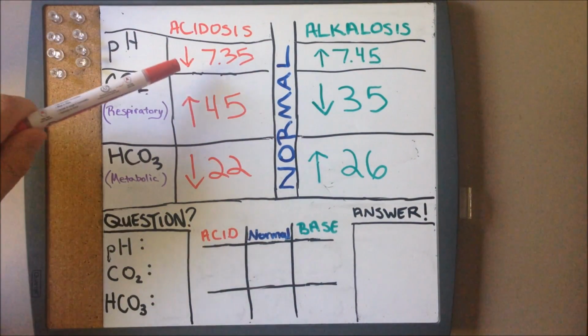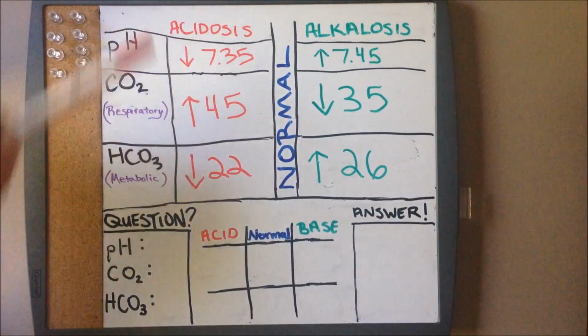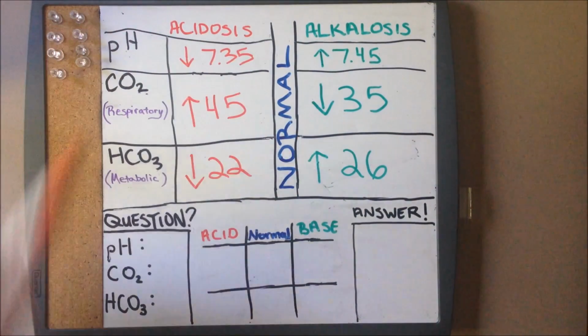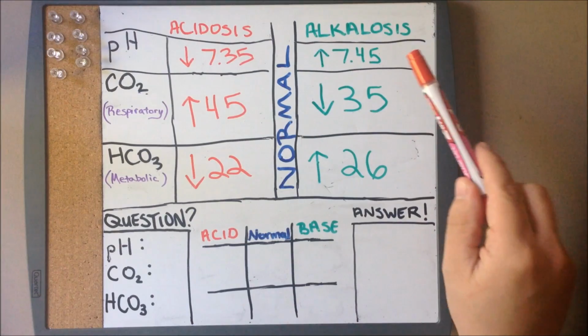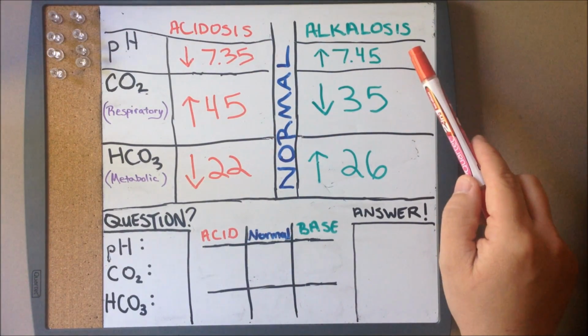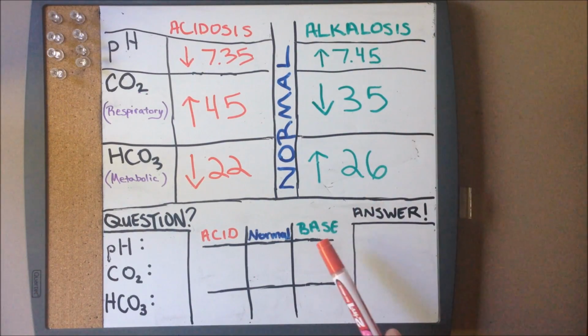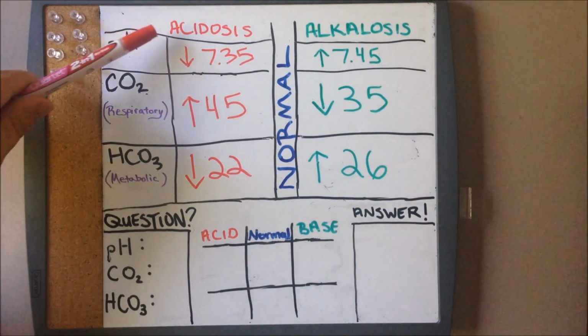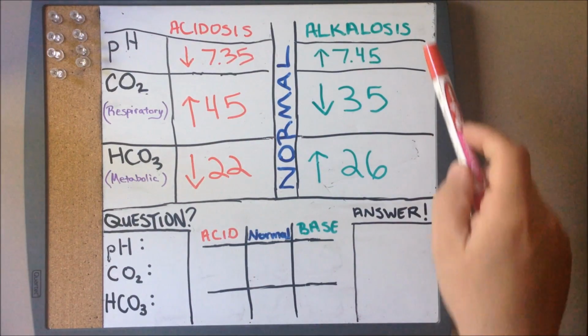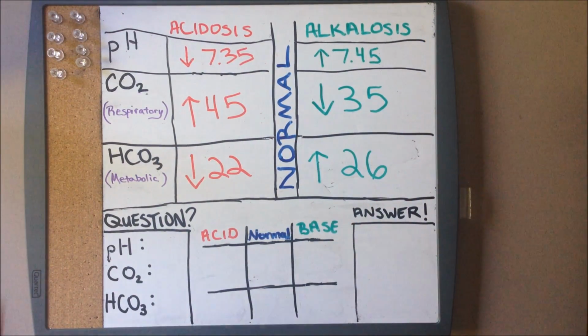Anything below 7.35 is considered acidotic or acidosis. Anything above 7.45 for pH is considered alkalotic, which is essentially basic. That's why we have it color coordinated: acidosis, acid; alkalosis, basic.